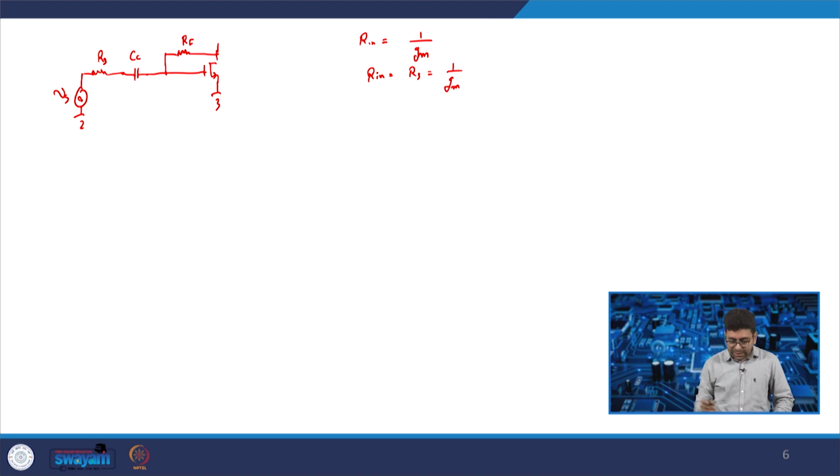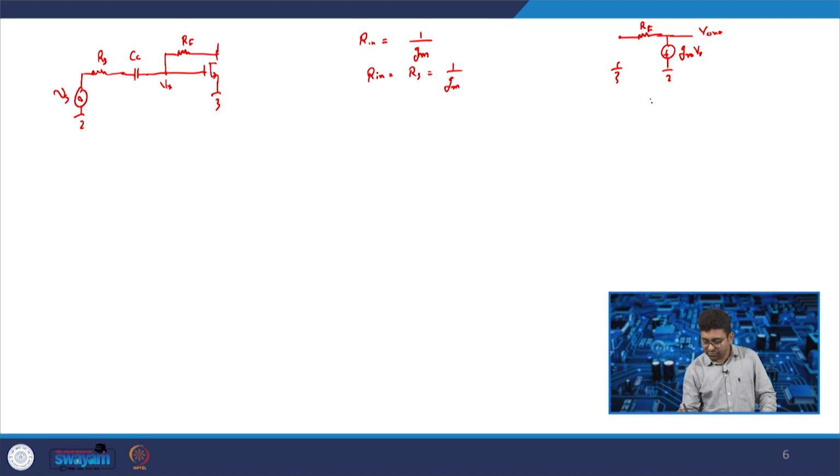So, if we want to find out the gain of this circuit, it is simple, we just take this as RF. If there is a voltage Vx at this side, this is Vx here, and then this is V out.